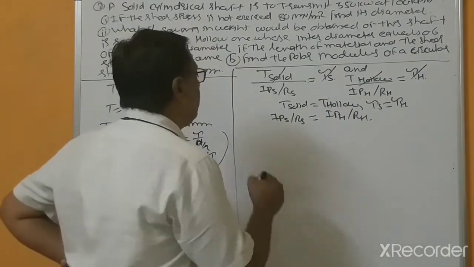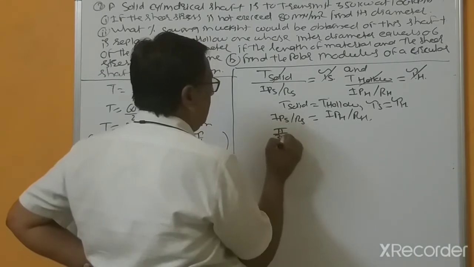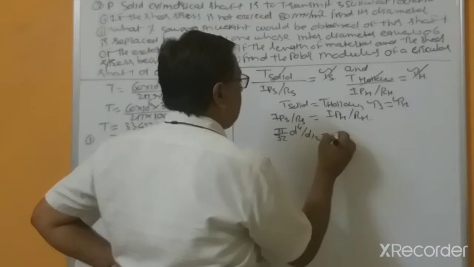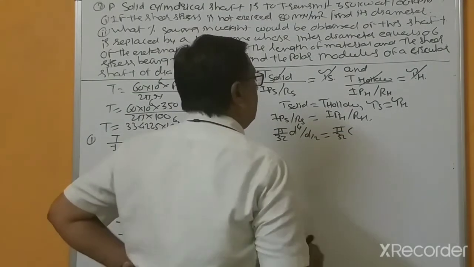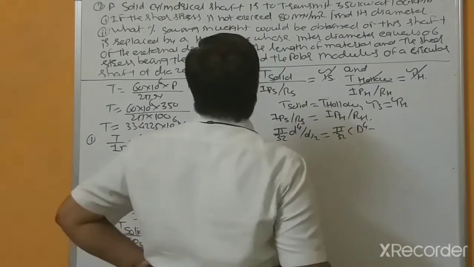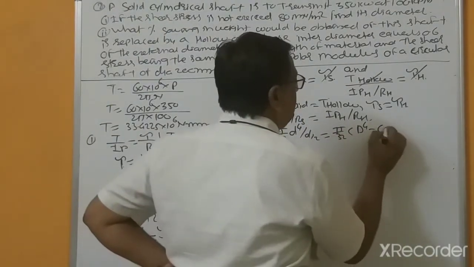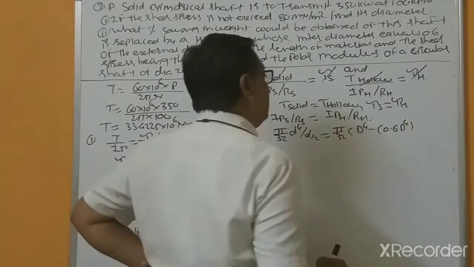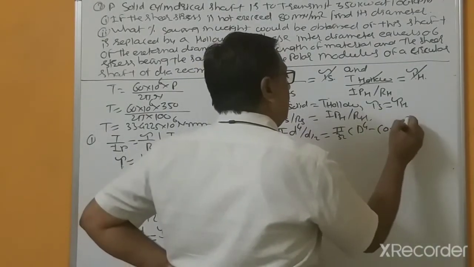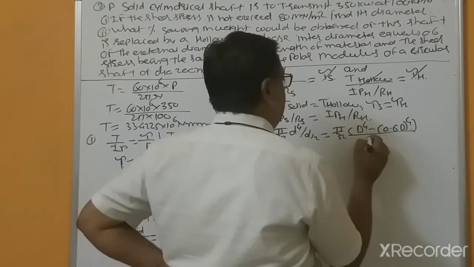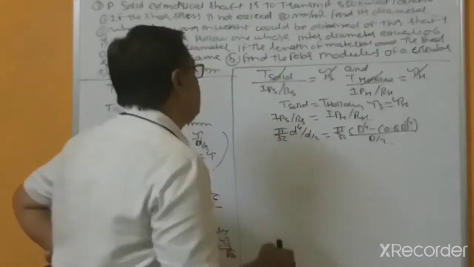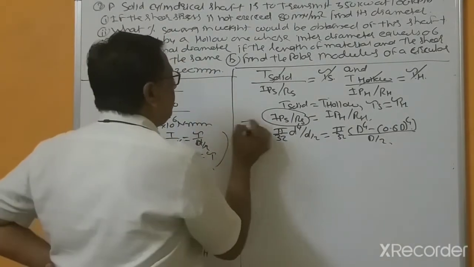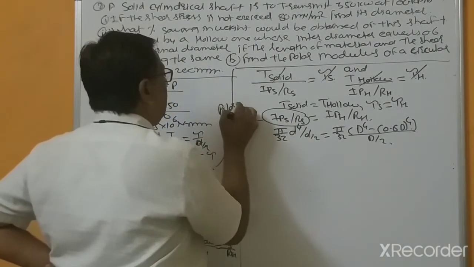So this is the ratio: pi by 32 small d raised to 4 divided by d by 2, and pi by 32 capital D raised to 4 divided by D by 2, with small d equal to 0.6 capital D. This ratio is nothing but IPS divided by R, this is the polar modulus.